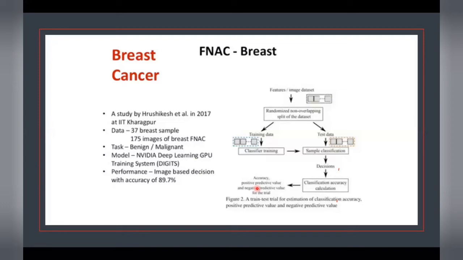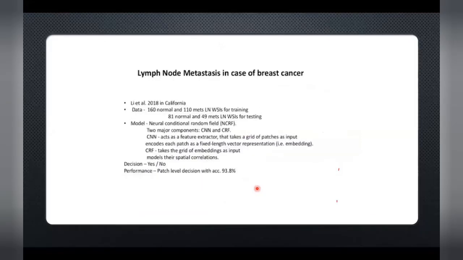And it actually made the system learn to give out benign versus malignant. You'll be surprised, the output was with 89.7% accuracy. If an FNAC image is fed in, it can tell you whether it is benign or malignant with 89.7% accuracy. This was in 2017. It can still be done and it still exists.